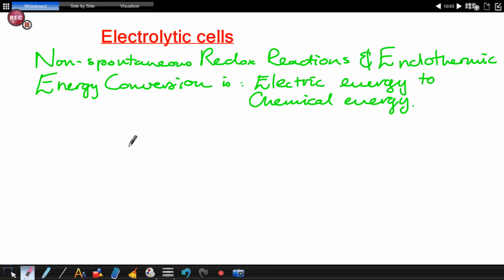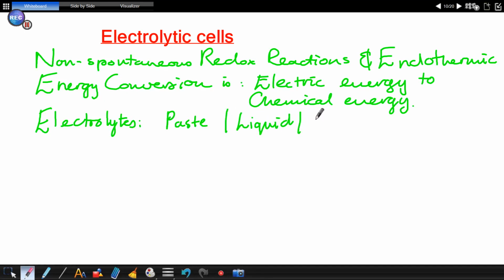Now we do get different electrolytes. The electrolytes could be a paste, it could be a liquid, or it could be a solution. What about a molten?